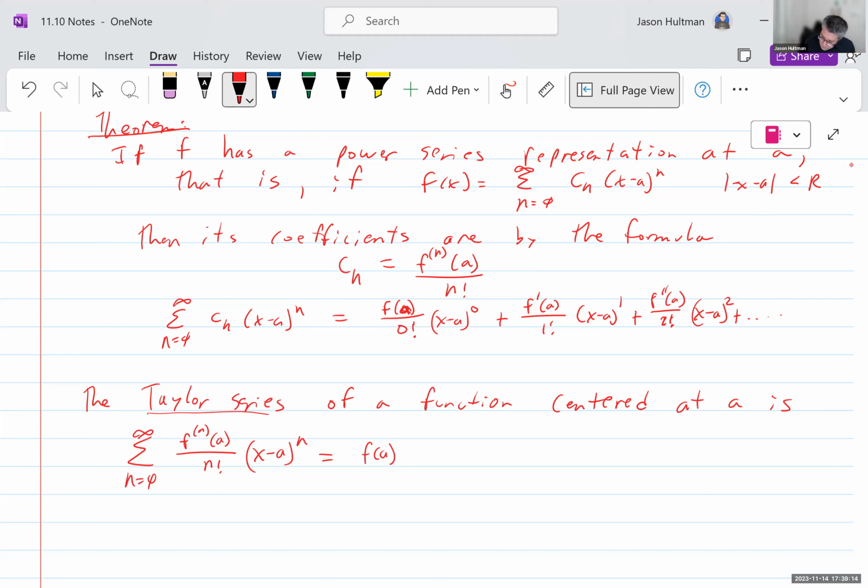All I'm doing is taking what we have above here and simplifying it.